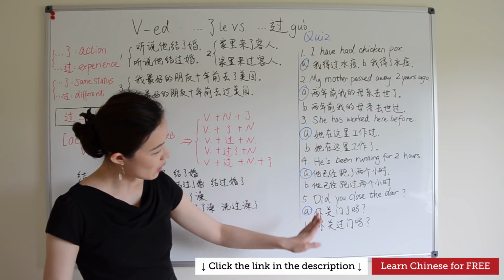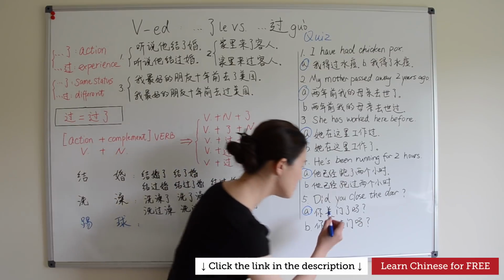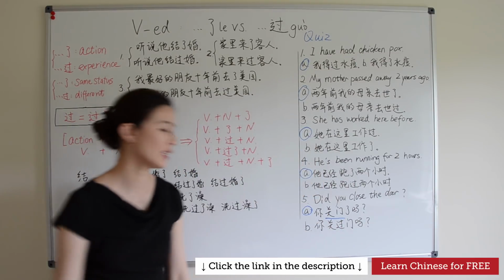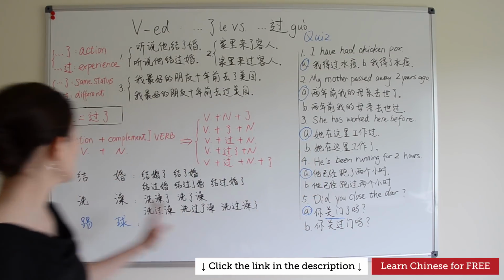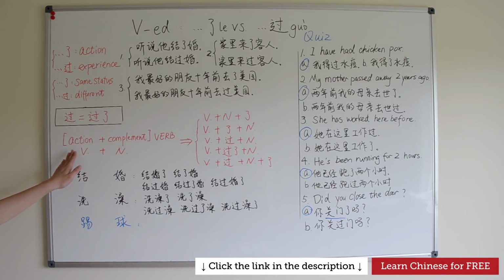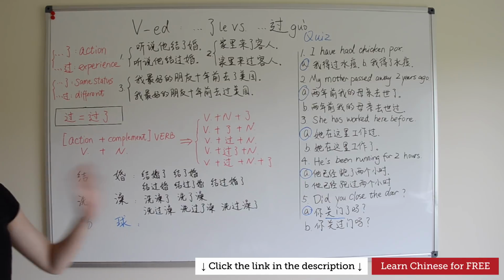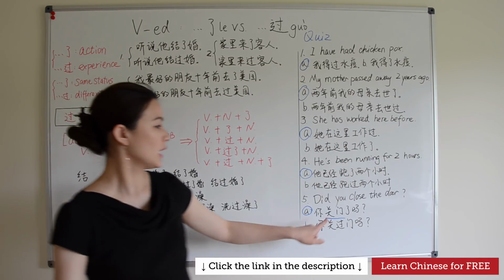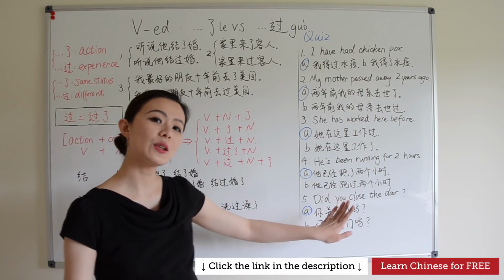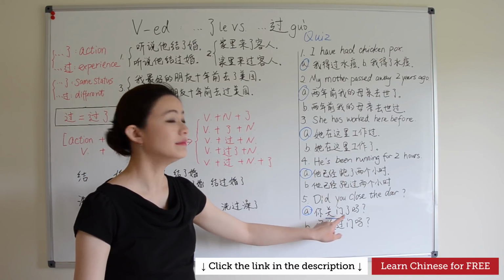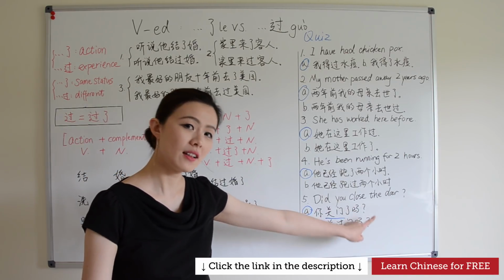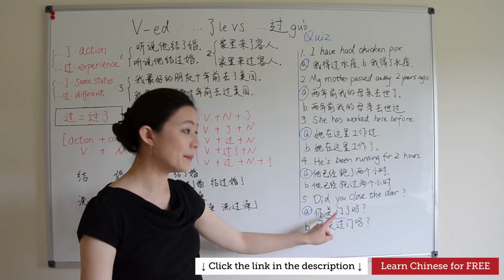Okay, and now this word 关门 is a verb that is also this type. Action plus complement, verb plus noun type of verb. So instead of 关门了 we can also say 关了门. 你关门了吗, 你关了门吗.